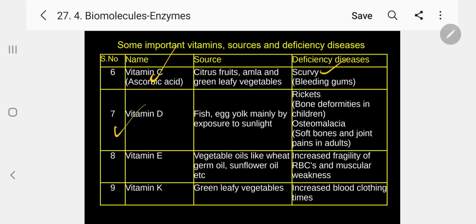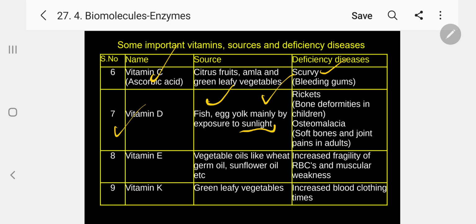Vitamin D, it is normally present in fish, egg yolk, mainly by exposure to sunlight. Normally sunlight between 10 to 12, this is the suitable time to expose your body towards the sun, you will get vitamin D in excess.